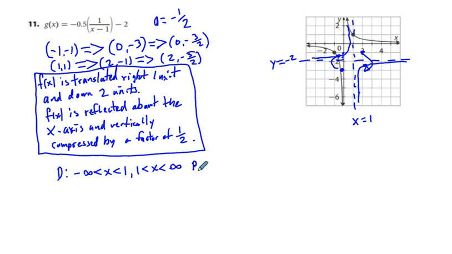And our range, looking right, is going to be negative infinity is less than y, which is less than our horizontal asymptote of y equals negative 2. And then y is greater than negative 2, but less than infinity.